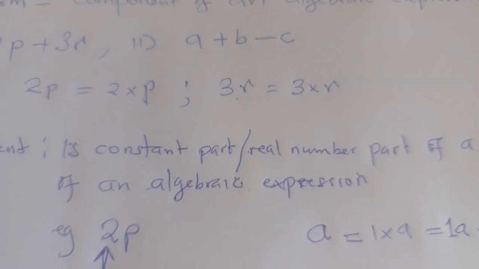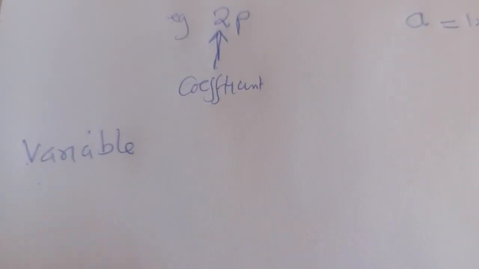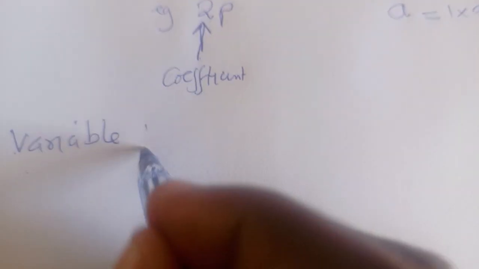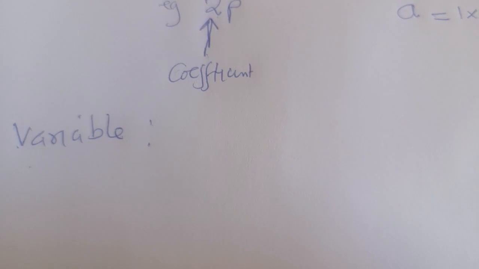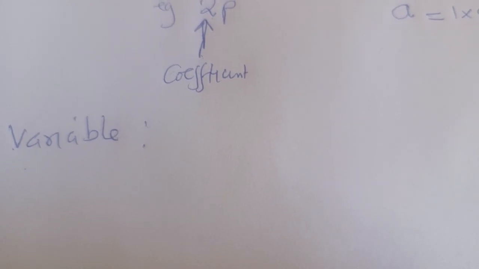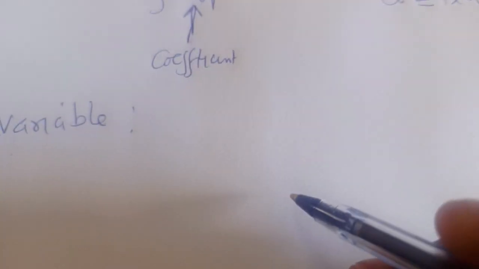Good. Now next we look at the other terminology that is used in algebra. As we had seen earlier, of the terminologies we have 3. So the next one is variable. Now variable, even as the name suggests, is a thing that can vary.